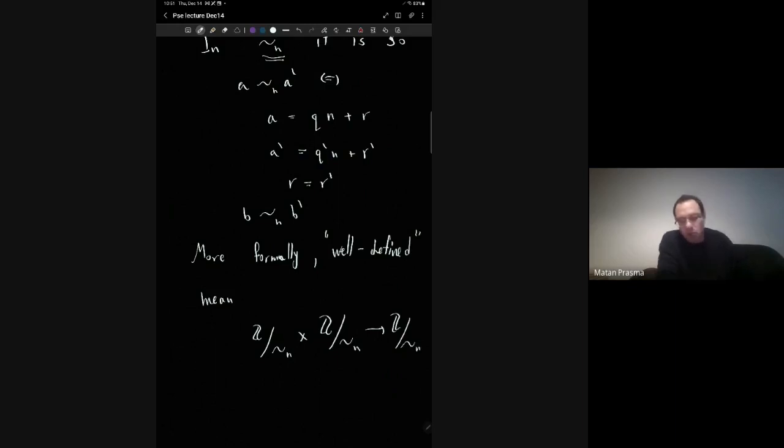That's what it means to have a binary operation plus. It needs to be a function, and a function for any particular input, for any fixed input, has to have exactly one output. It cannot have two outputs.